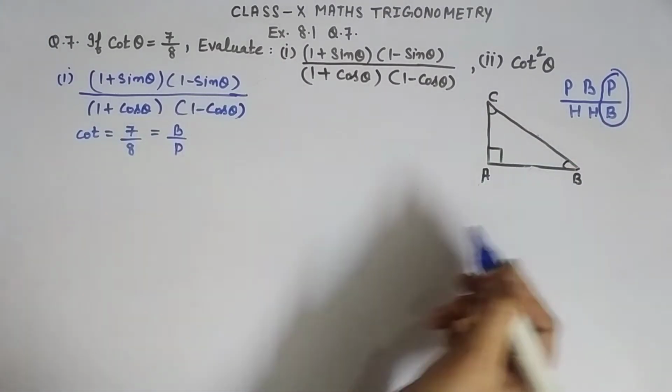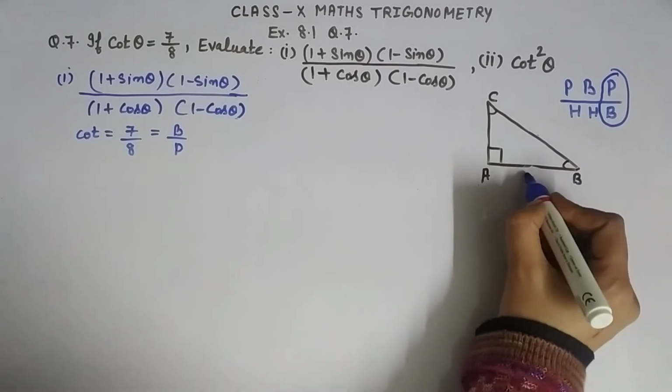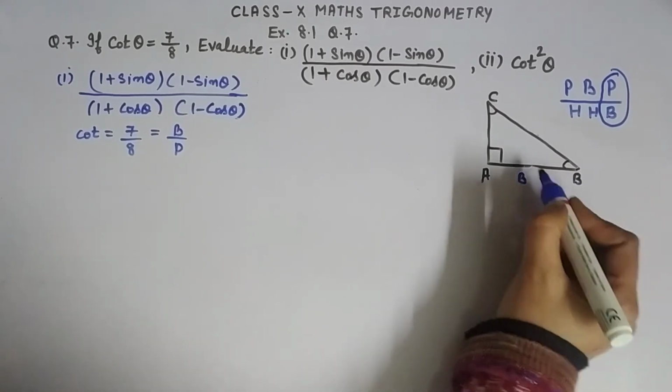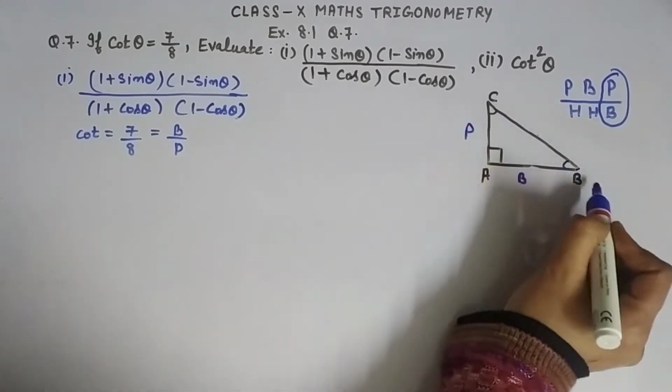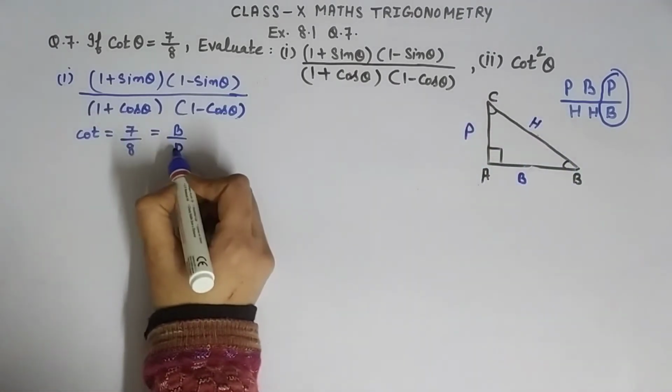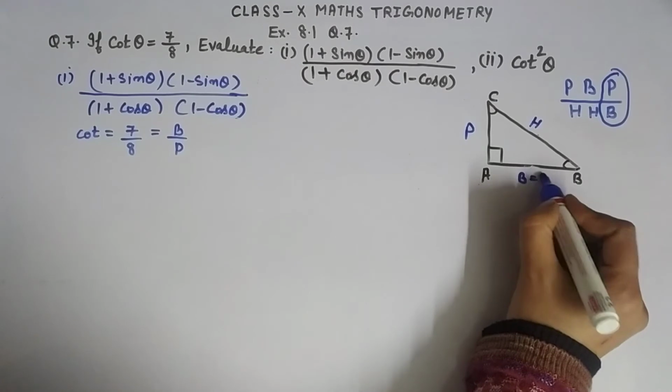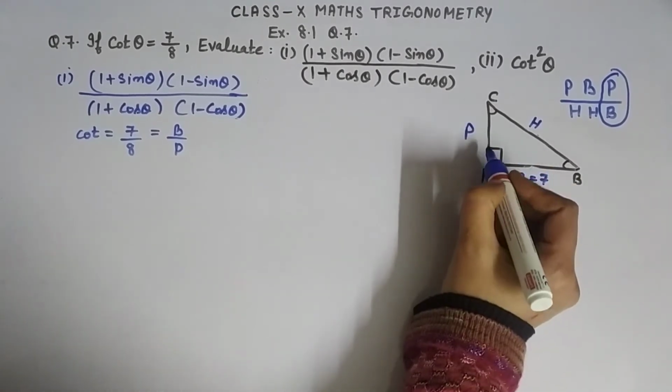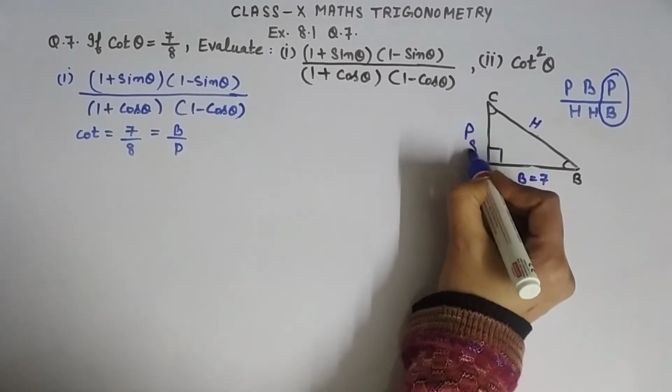Here in the figure, AB is base, AC is perpendicular, BC is hypotenuse. According to the question, the value of base is 7 and perpendicular is 8.